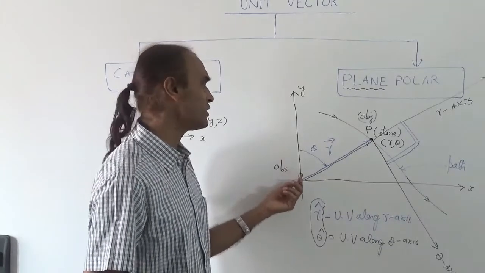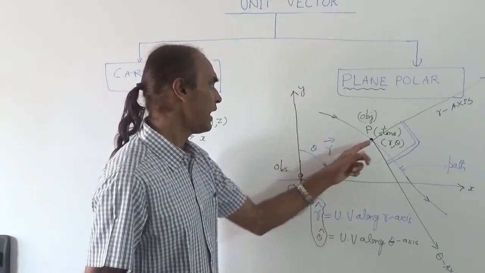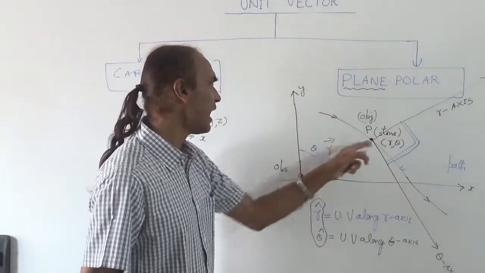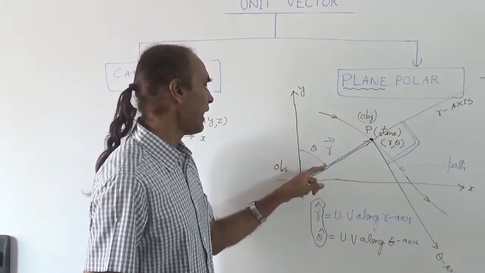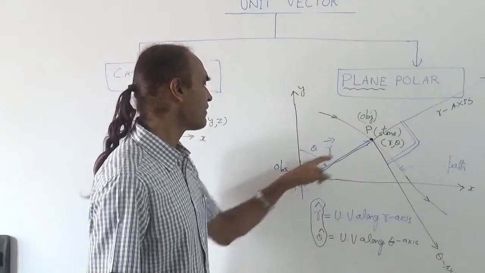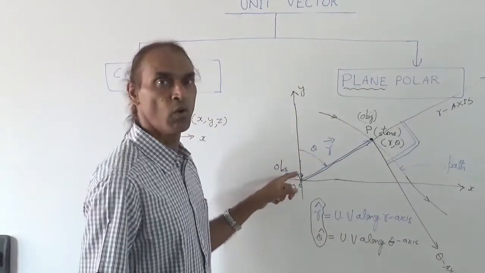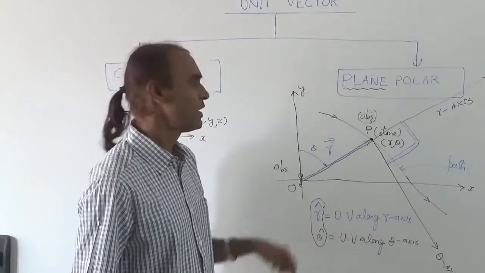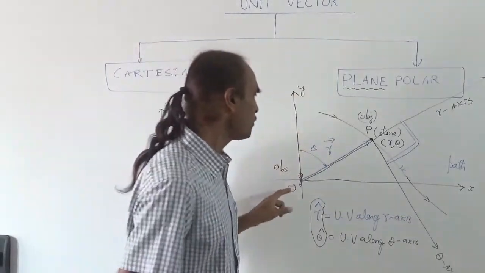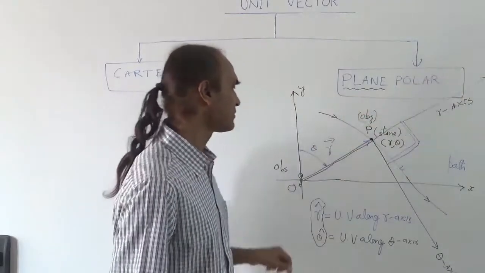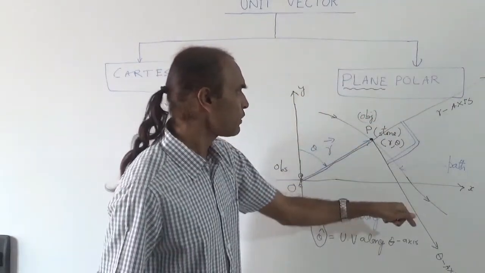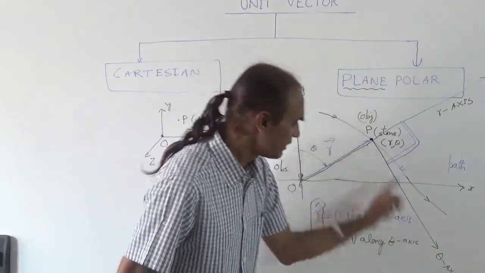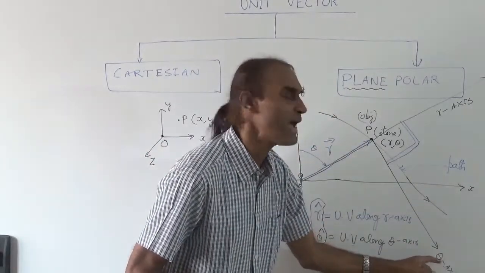So the distance between the origin and the stone or the object is r, and the angle made by this r vector with respect to the y-axis or the x-axis is theta. Once you fix the r-axis, draw a perpendicular to the r-axis in the increasing order of theta; that is known as the theta axis.